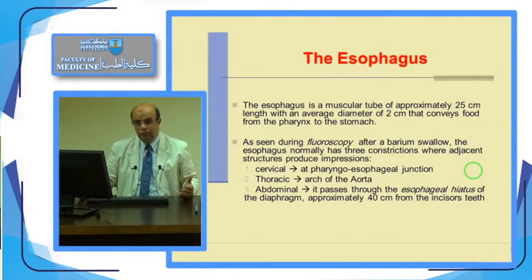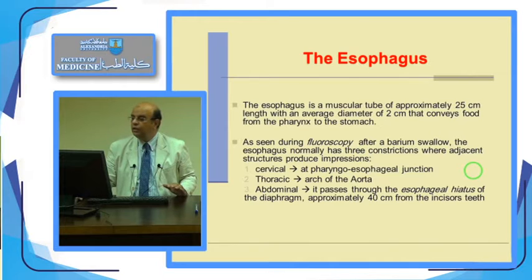As seen during fluoroscopy, that means that during a barium swallow, the esophagus normally has 3 constrictions from the outer compression, mild compression, of course, of the structures that are present in its neighborhood.